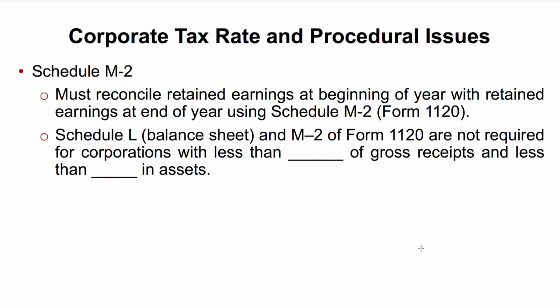Same idea. Again, that means almost all entities are going to file M2, because if you have $250,000 or more of gross receipts or $250,000 or more in assets, you're required to do M1, M2, and Schedule L. The Schedule L and the M2 deal with one another because M2 deals with retained earnings, and retained earnings go on the Schedule L balance sheet.